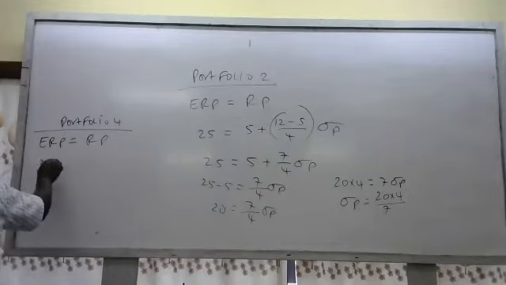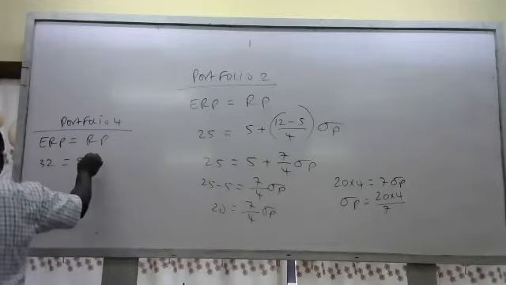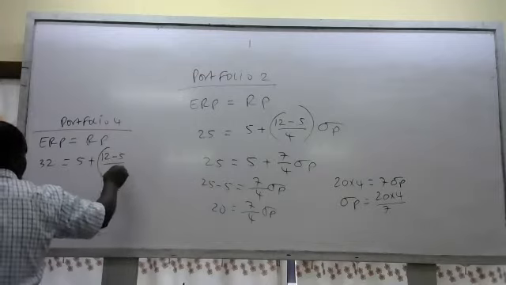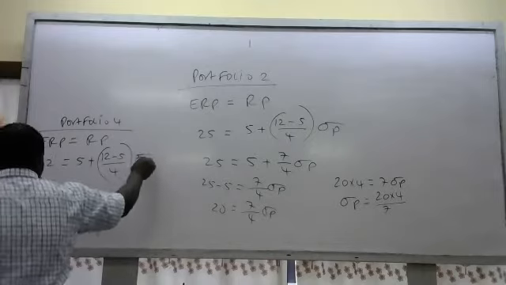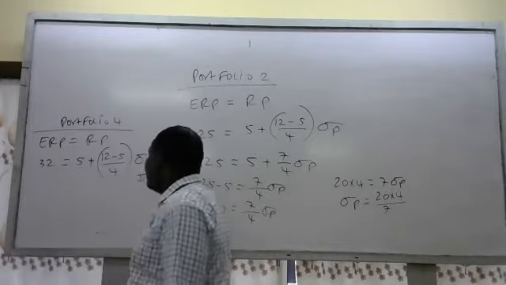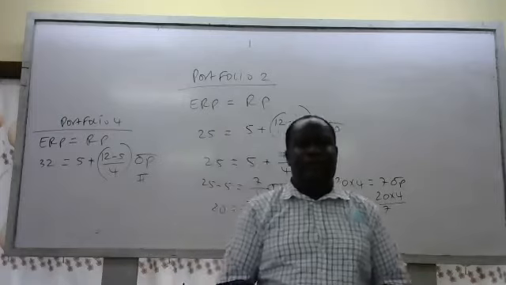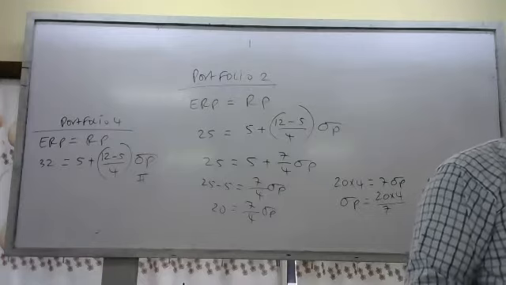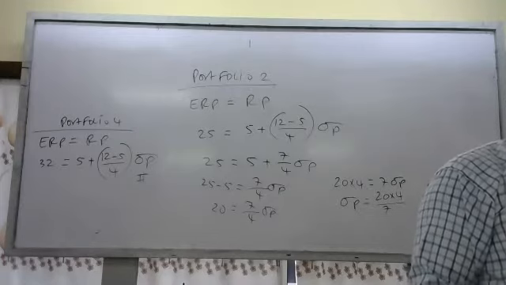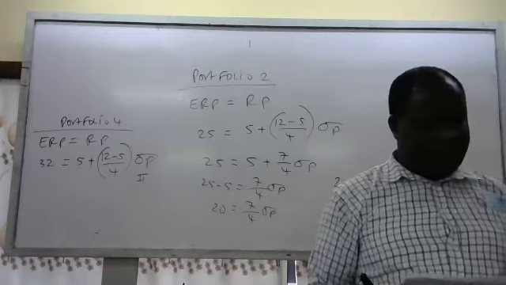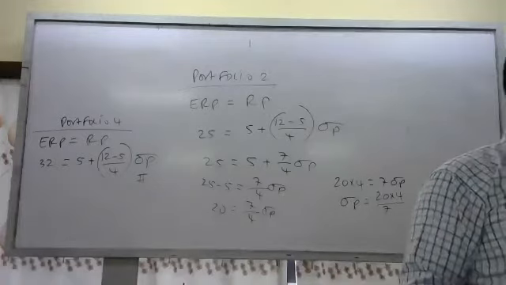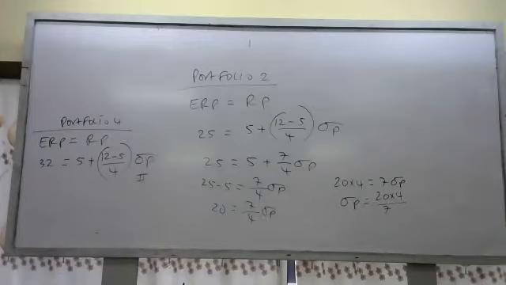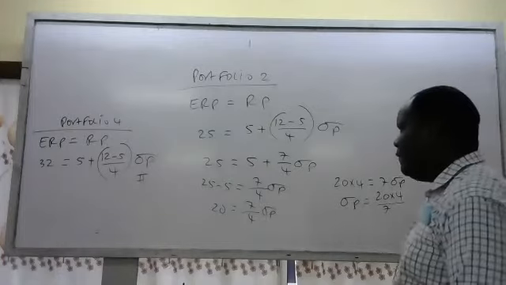So 32 should be equal to 5 plus 12 minus 5 divided by 4. We also make the standard deviation of the portfolio the subject. So that is now for portfolio 4.